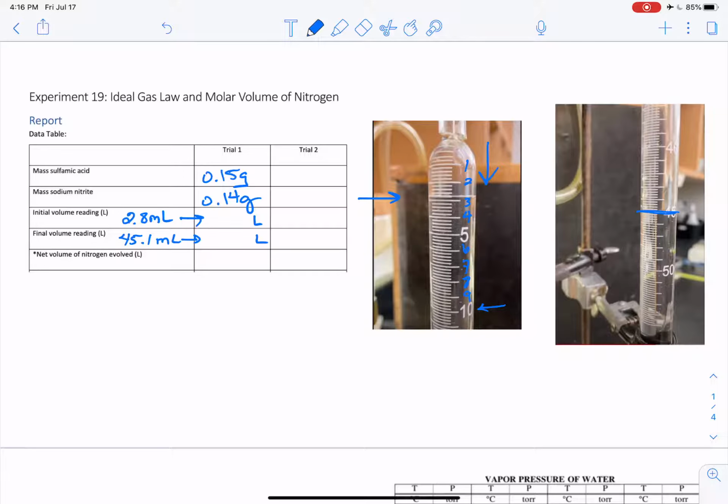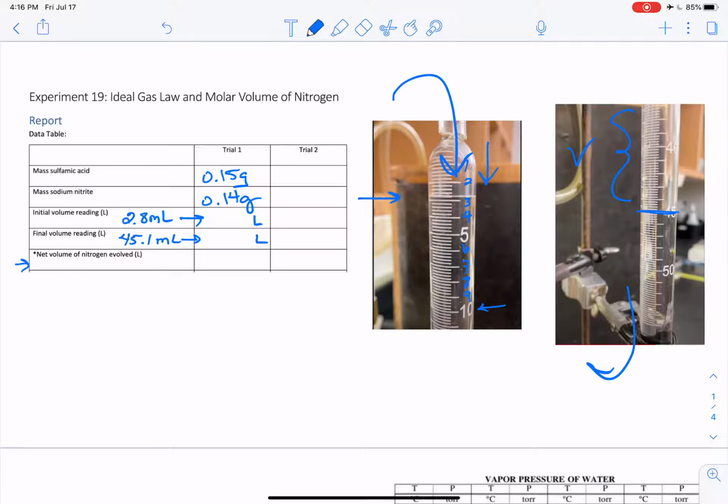Now it says the net volume of nitrogen evolved because this reaction is giving off nitrogen gas. So the nitrogen gas given off from the reaction goes into the burette right here and it pushes the water out and it fills up this volume here.